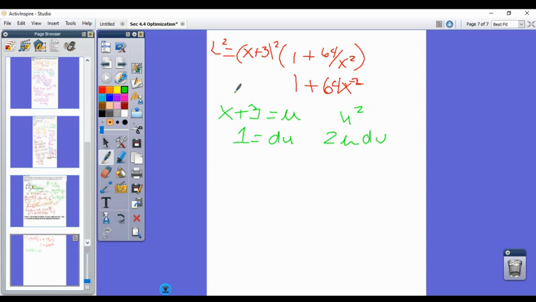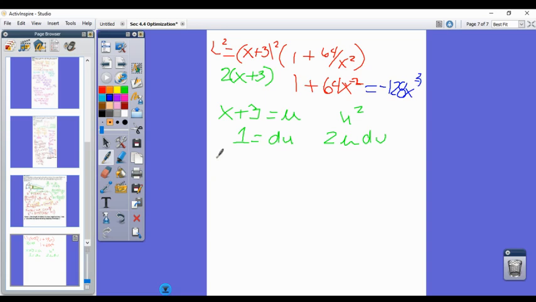So the final derivative here is 2 times x plus 3. All right, let's do the other side. The 1 plus 64x to the negative 2 is going to give me a derivative of negative 128 x to the negative 3.